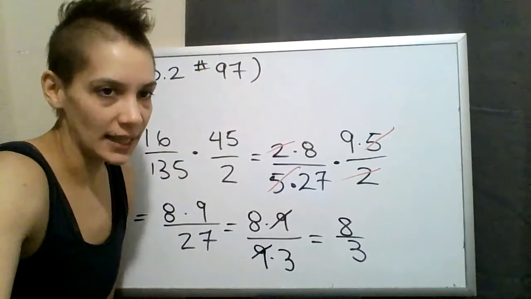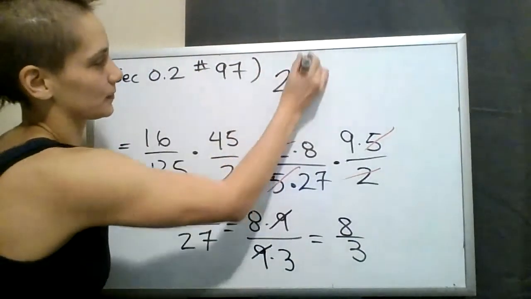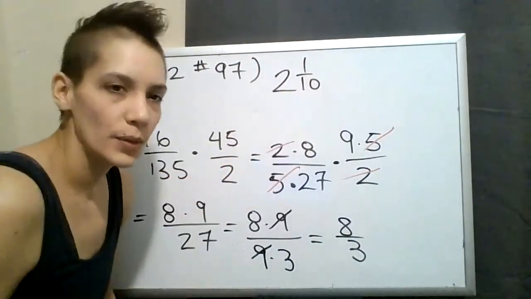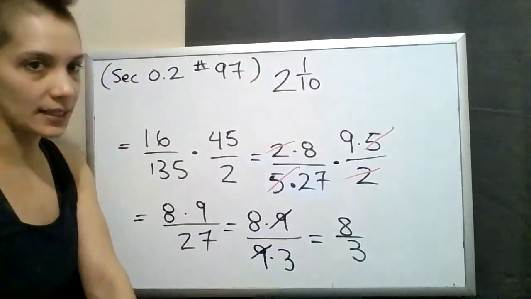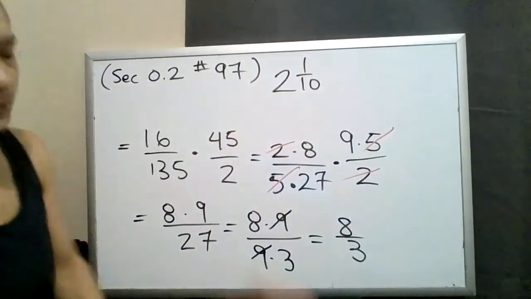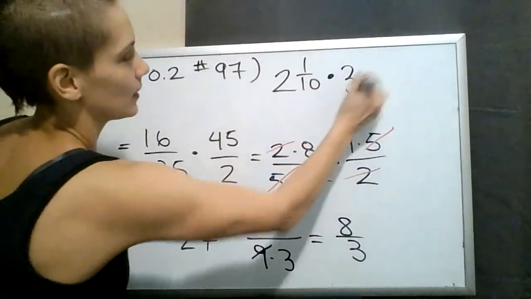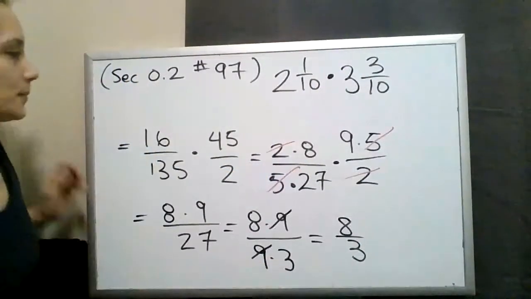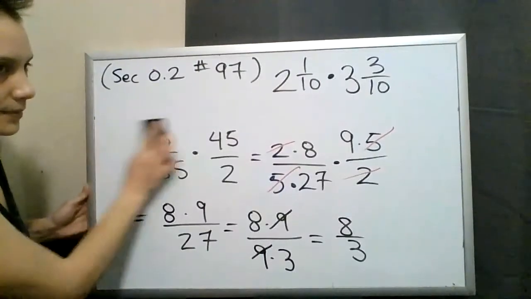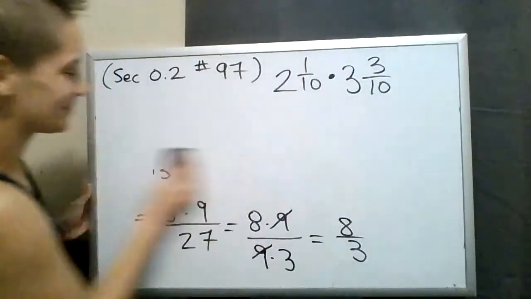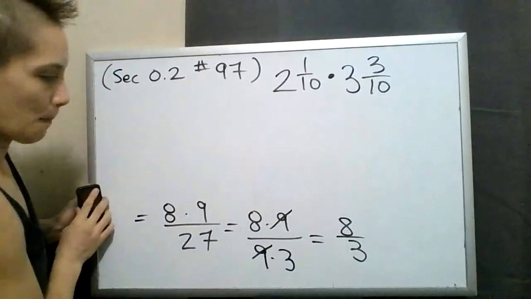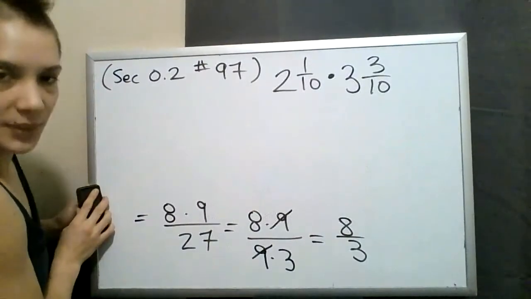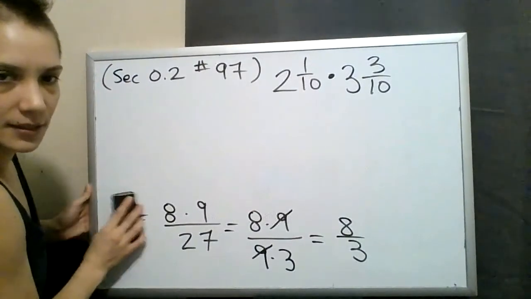It's 2 and 1/10. Multiply by 3 and 3/10. Good.